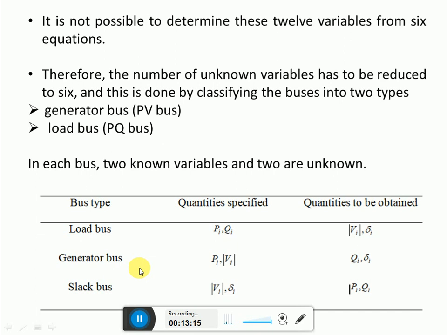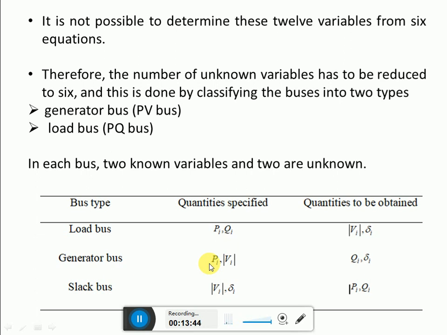Because we can control the voltage by controlling the reactive power through the voltage regulator, and we can make the voltage constant. Also this P, active power, can be controlled with the help of the prime mover input.